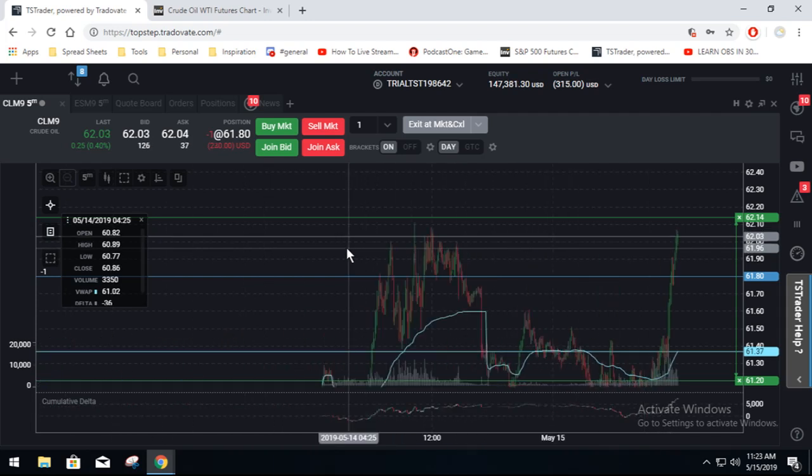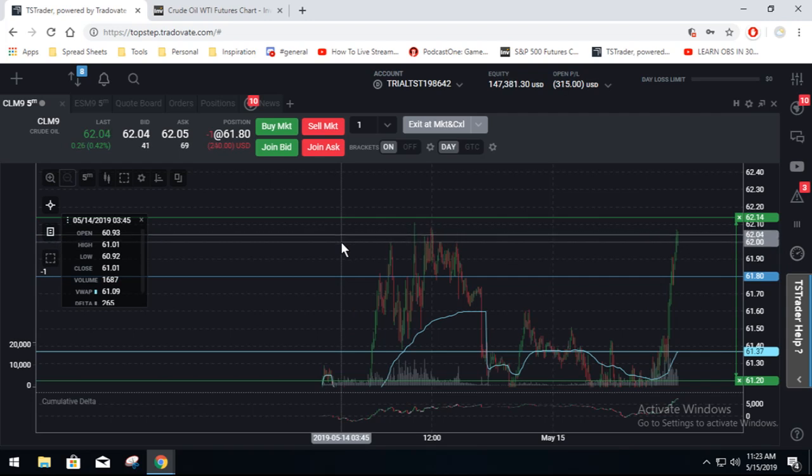Where are we sitting? Just broke out of the 62 flats.